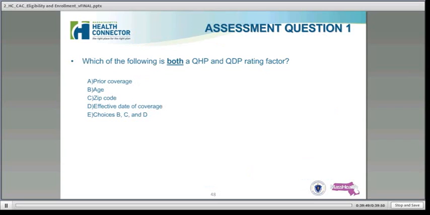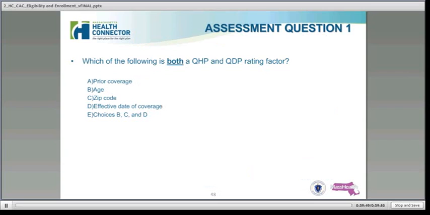For the non-group or the individual or family product, a triggering event is if they gain a dependent or become a dependent, such as marriage, birth, adoption, placement for foster care, or court-ordered care of a child. If someone loses minimum essential coverage, which Nikki had just talked about.